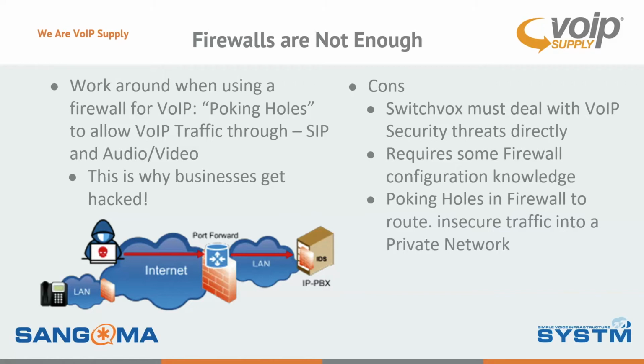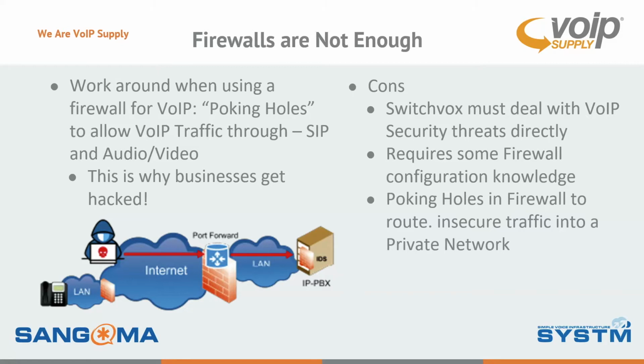So when you use simply a firewall, you're basically moving the responsibility of the security policy downstream. Now the PBX, the switch box, must deal with voice over IP security threats, denial of service attacks, toll fraud, things like that.